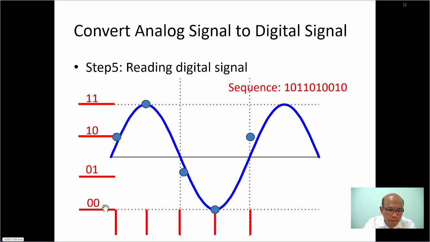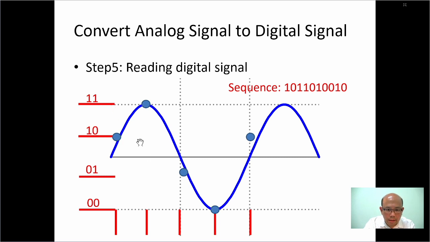So 2 bits have 00, 01, 10 and 11. 00 represents 0. 01 is 1. 10 represents 2, and 11 represents 3.